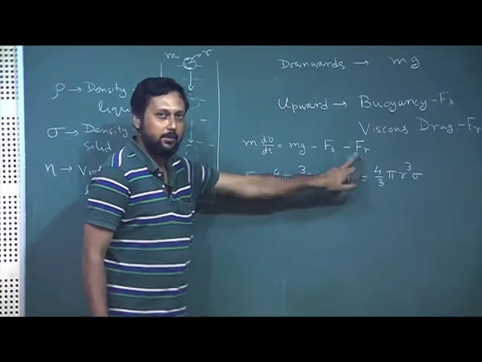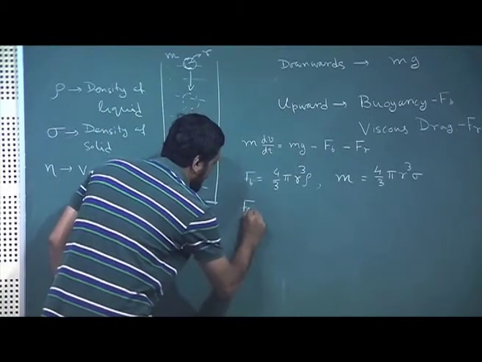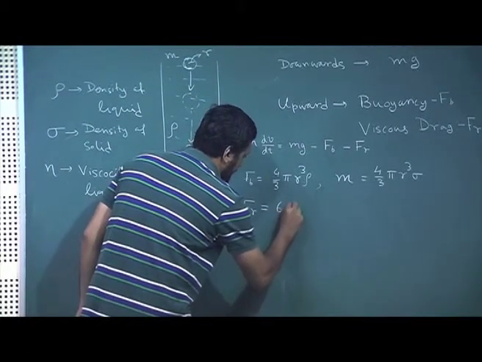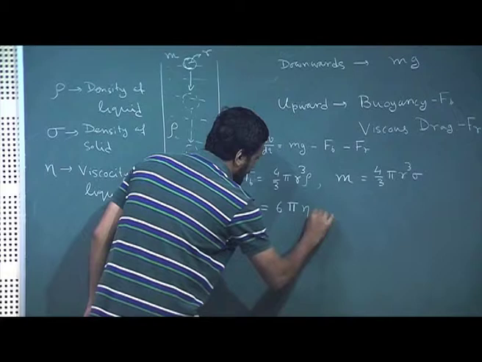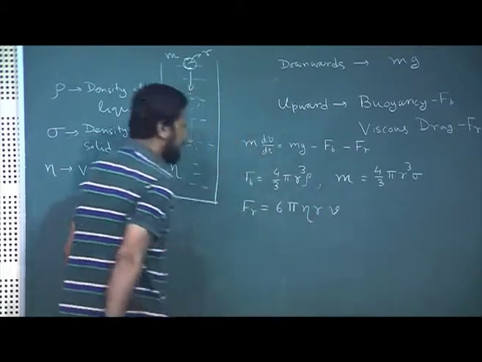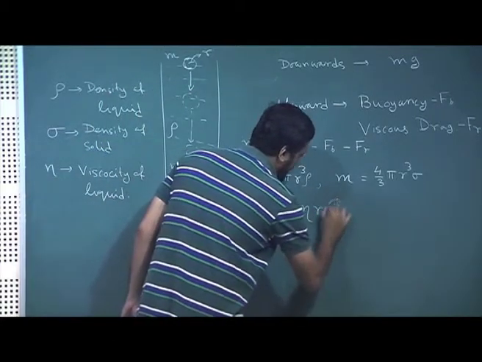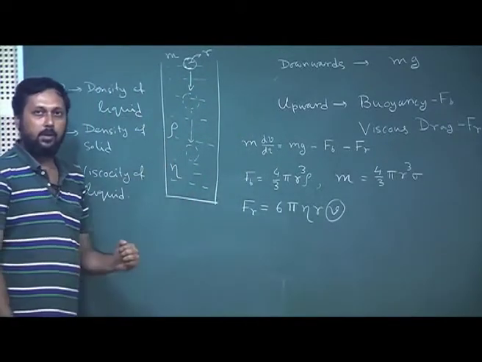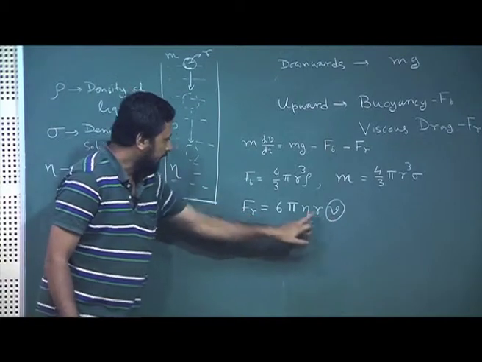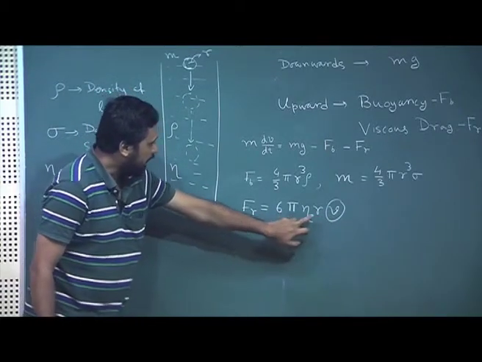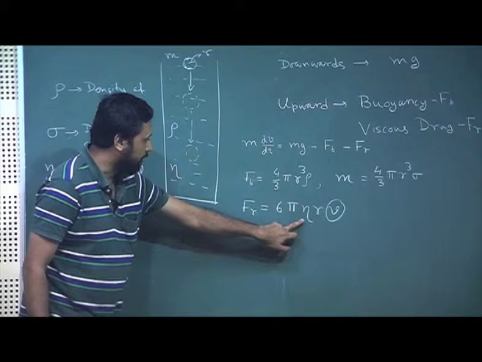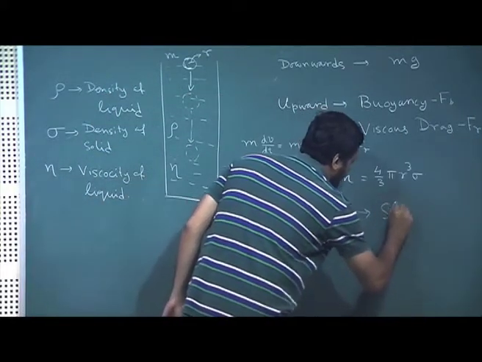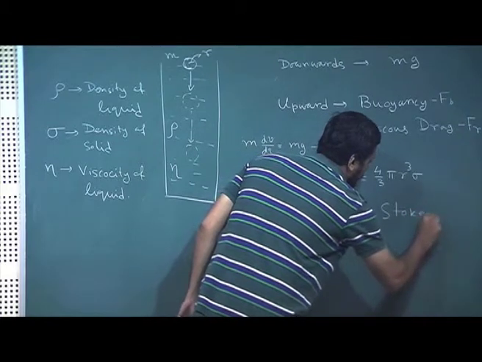There are theories which tell you that Fr will be 6πηrv, v being the instantaneous velocity of this ball. The ball is falling with a velocity v, 6π is a constant, r is the radius and eta is the viscosity, and this is the equation of viscous drag according to Stokes law.